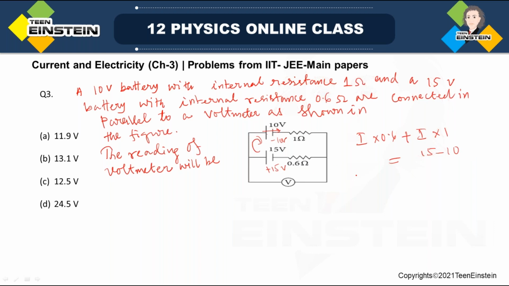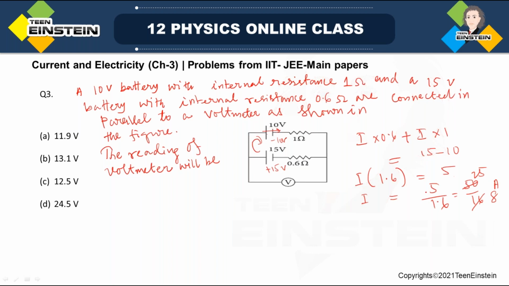here we can find out 1.6 I is equal to 5. So I will be 5 by 1.6, so it is 50 by 16, that is 25 by 8.